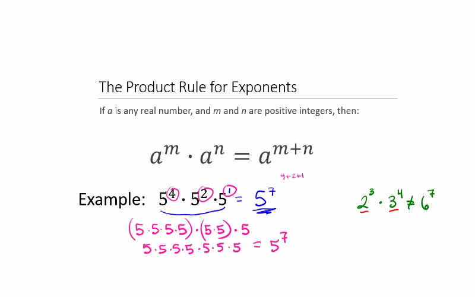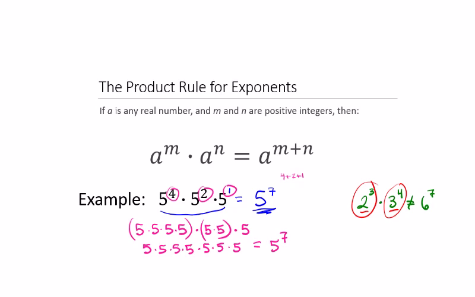If you're wondering how you would do that, you just have to simplify: 2 to the 3rd would be 8, 3 to the 4th would be 81. Then you'd have to multiply 8 times 81, and that result would be your final answer. Okay, so that's one thing not to do.